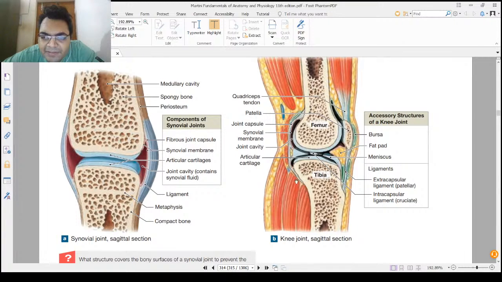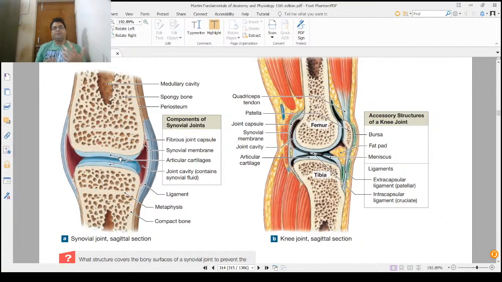So this is the synovial joint between the femur and tibia, the thigh bone and the shin bone. You have this articular cartilage, which is nothing but the cartilage which covers the joints. Joints mean articulations in biology.